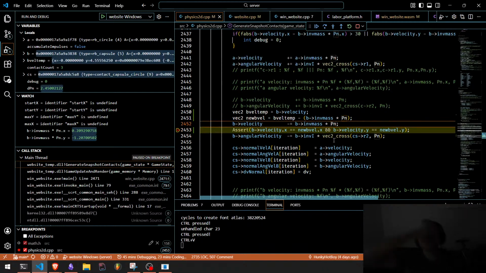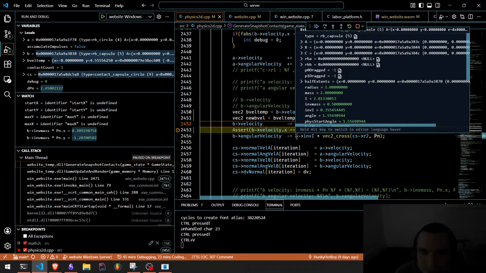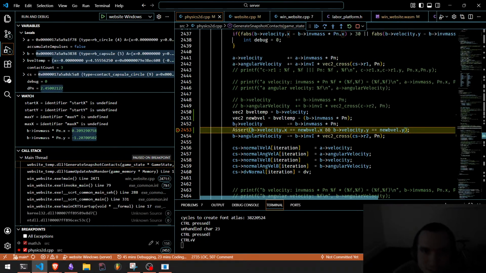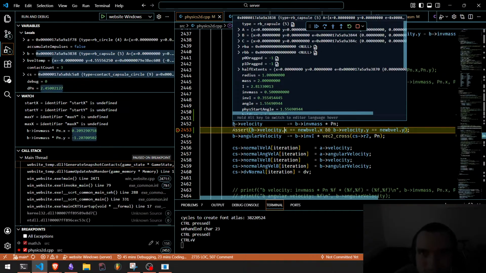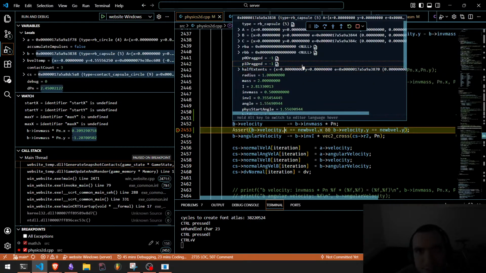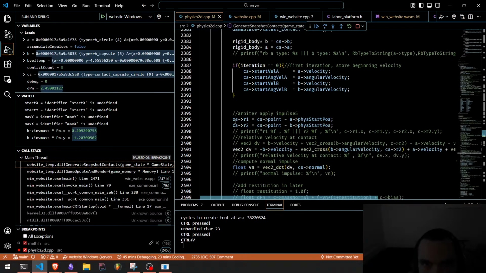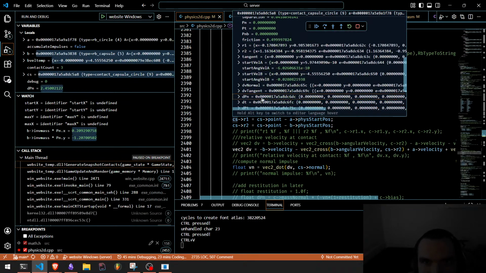There's some mismatch between what I'm printing in the debugger, and I don't know what's going on. This is weird. Because that's the capsule. And it's definitely falling on that frame. Did we save what the beginning velocity was in the snapshot?